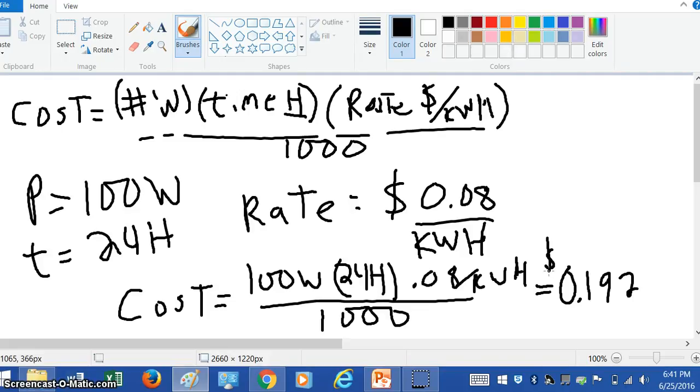If you're being charged at a rate of 8 cents per kilowatt hour, it would cost you 19 cents for every single day that you left it on. So if you left it on 5 days, the cost would be 5 times 19, or technically 19.2 cents. All right, so that's that example.